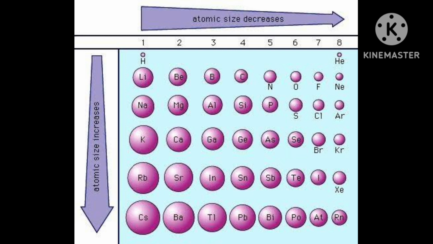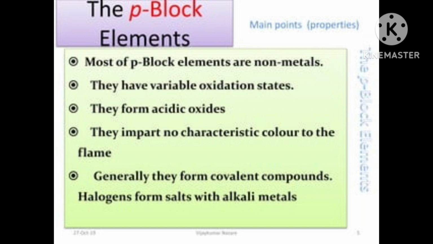But only in helium, +2 is the maximum. And the others have 8 electrons, so the maximum possibility is +8. And if you see the electronic configuration, you will find that ns2 is also there, and np6 is there. Then since p6 is there, +6 is possible. And after that ns2 is there, then +2 is also possible. And if you see the full electronic configuration, you will find that +4 is also possible.